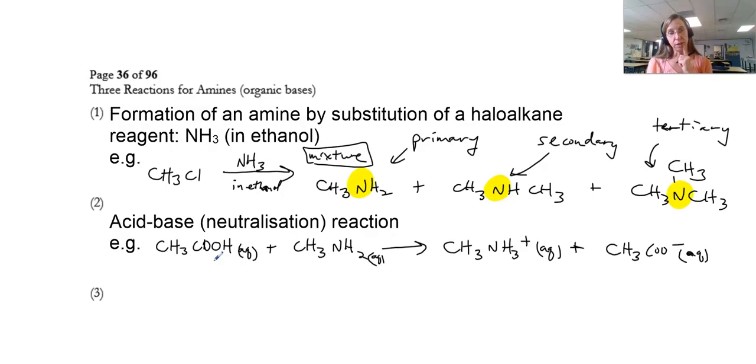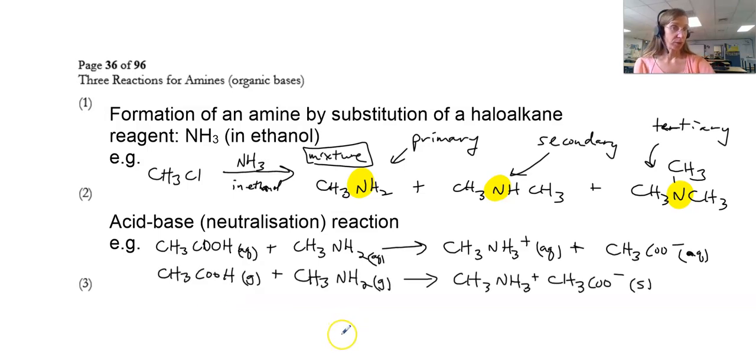There is an interesting thing about this, though, and here I've written it all in solution, aqueous, aqueous, aqueous. So if it were all in solution, we wouldn't really see it unless we had an indicator or something. We could use litmus paper also to identify an amine. But if everything were in the gas phase, and all of these can become gases very easily, then we would actually see something.